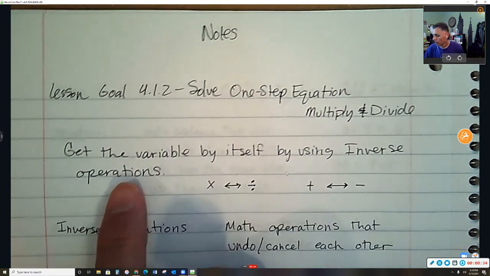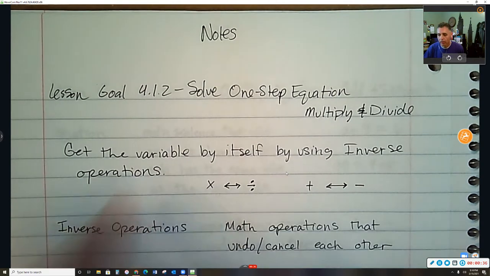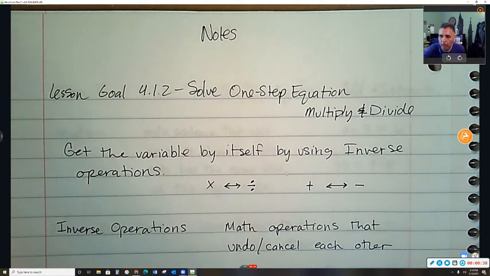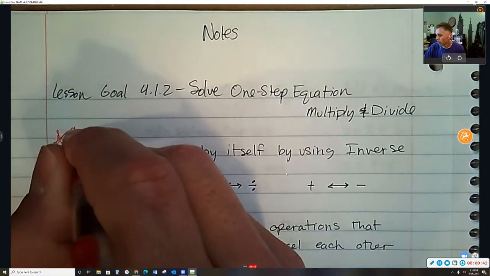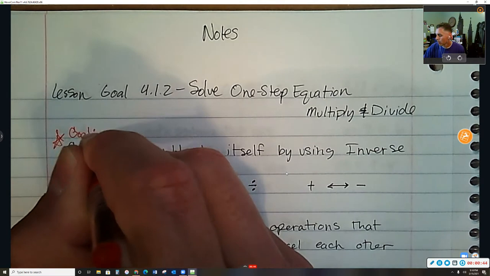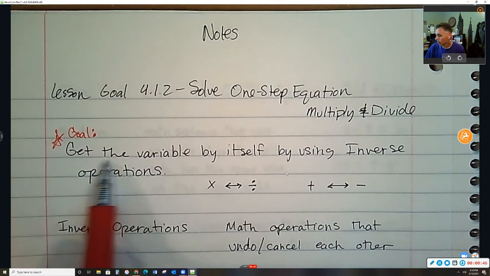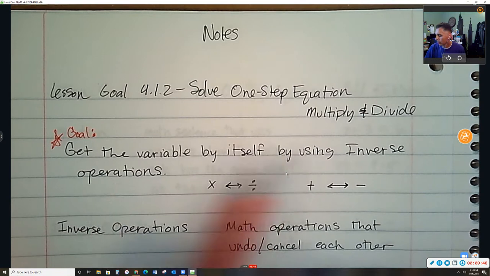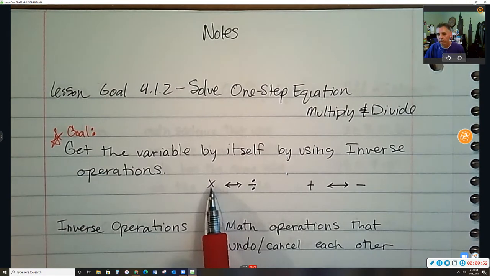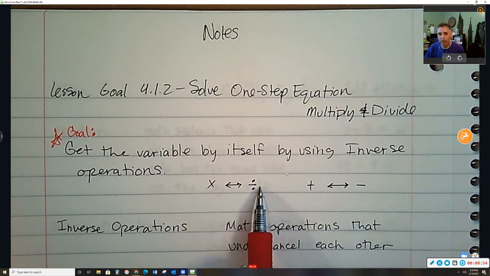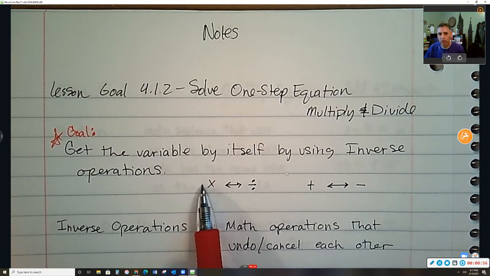And remember, whenever we're solving one-step equations, this is the goal right here. The goal is to get the variable by itself using inverse operations, okay? The inverse of multiplication is division, and the inverse of division is multiplication.